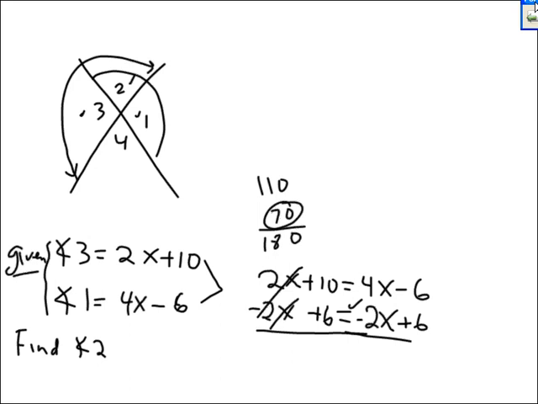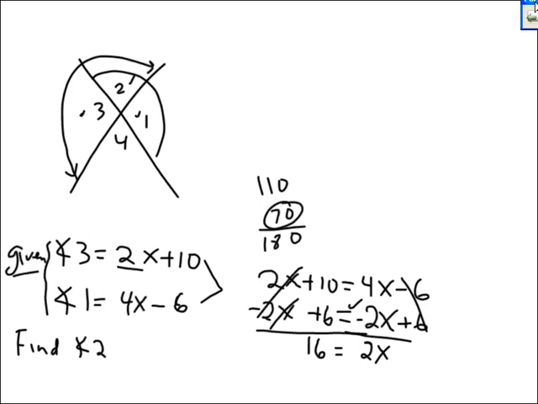So the right side is 16. The left side, the 6's cancel. 4x minus 2x is 2x. 2x is 16.